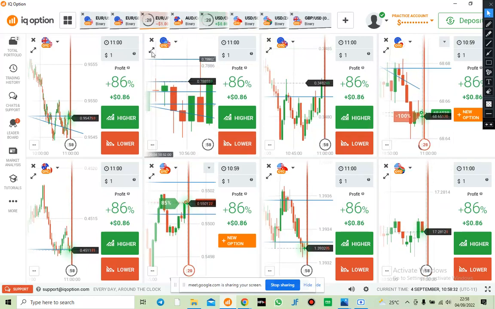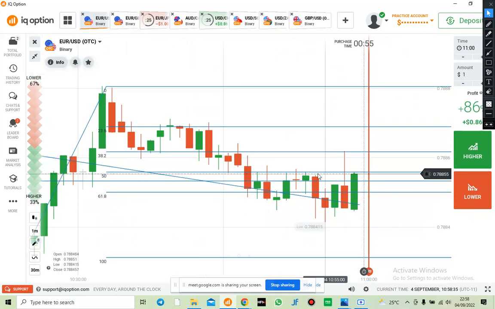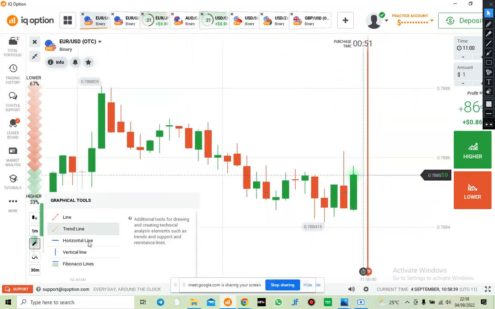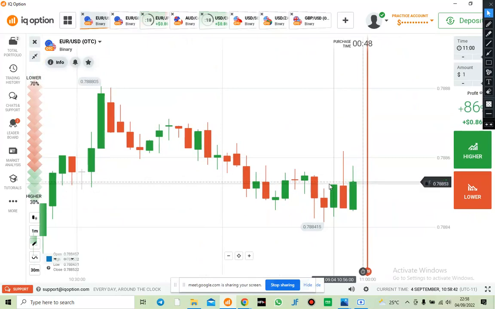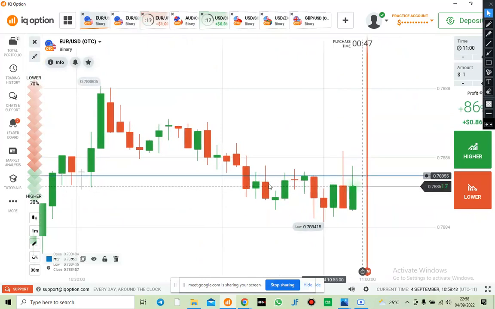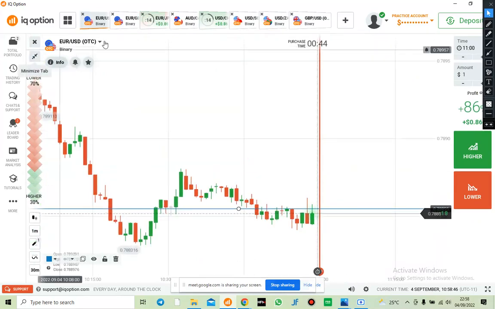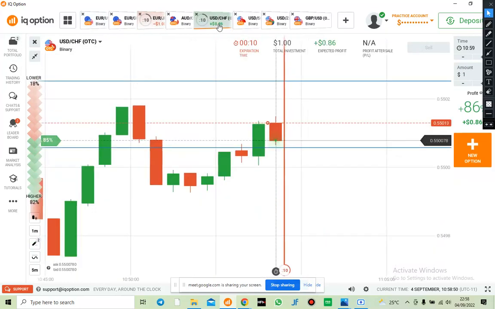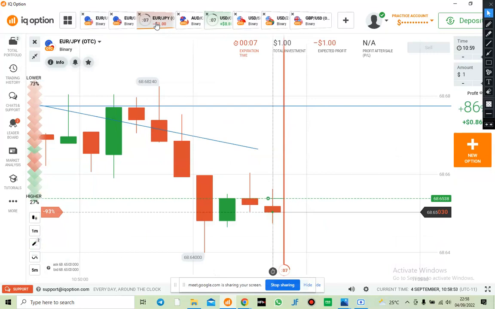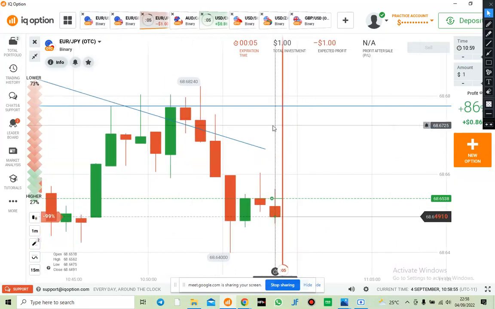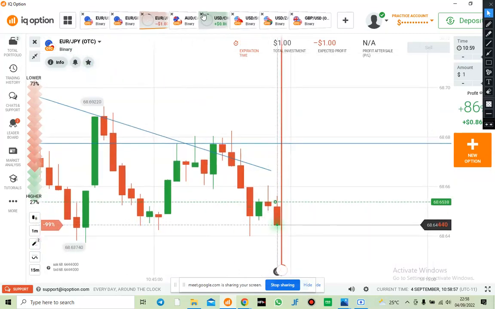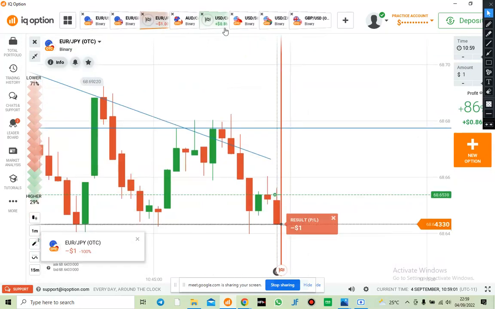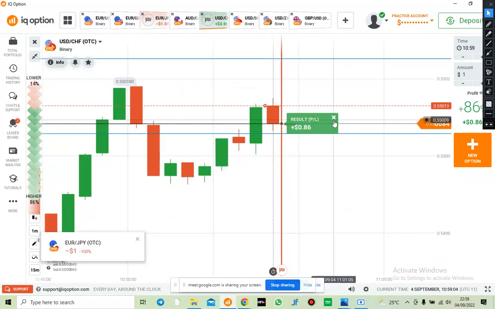Okay. I think this one also should be red once it closes above the level. This is the actual key level. This one, wrong trade, fair trade.